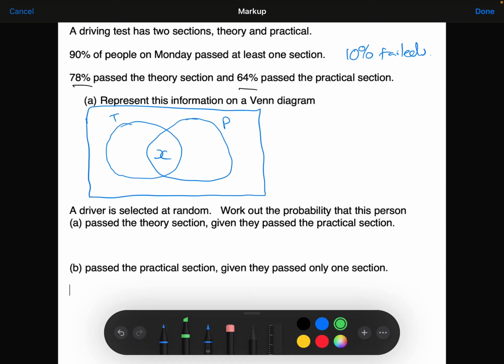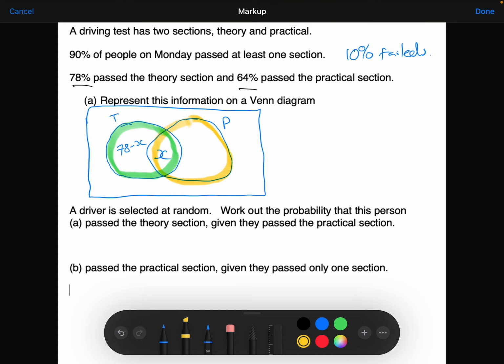Now, I know that this whole section here adds up to 78. Therefore, if the inside is X, this bit here will be 78 minus X. I also know that this part over here adds up to 64.